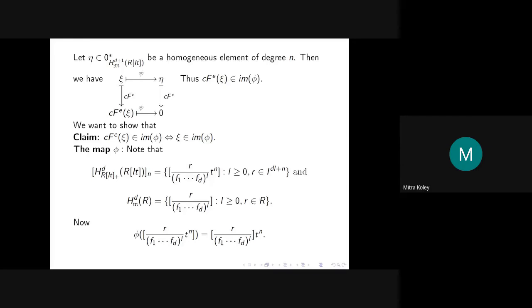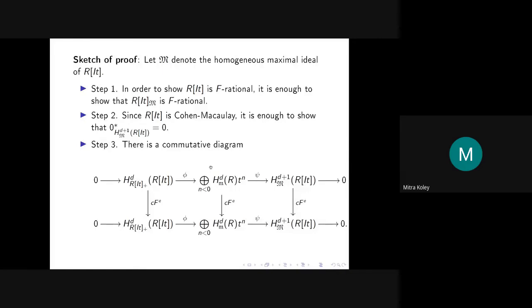Now the map phi just takes the element and sends it as it is, because this element in H^d(R[It]_+)_n can also be realized as an element in H^d_m(R). So now I say what this left horizontal map phi is.